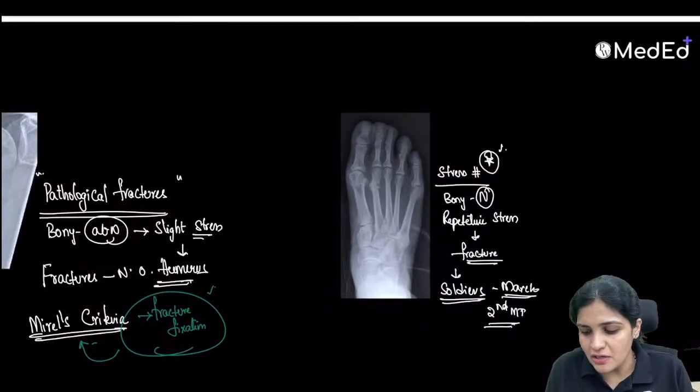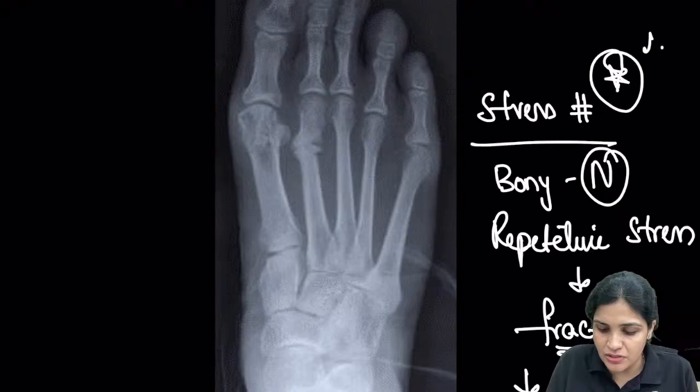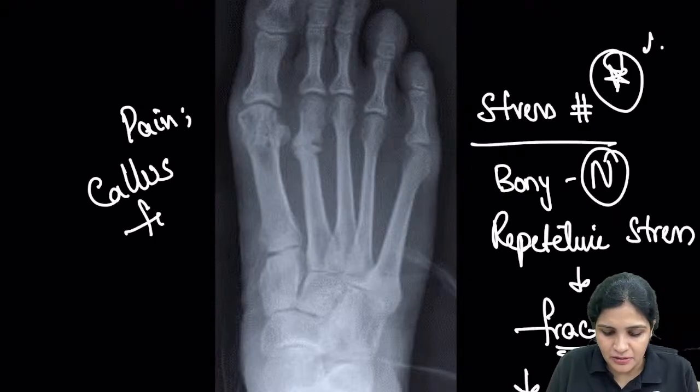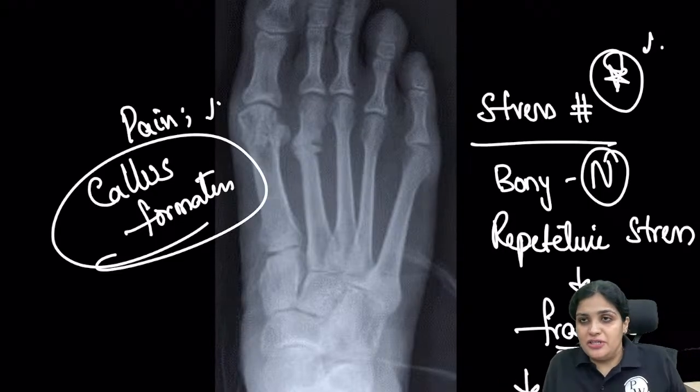The patient complains of pain, and on the X-ray you see callus formation. This is called the stress fracture or the March fracture.